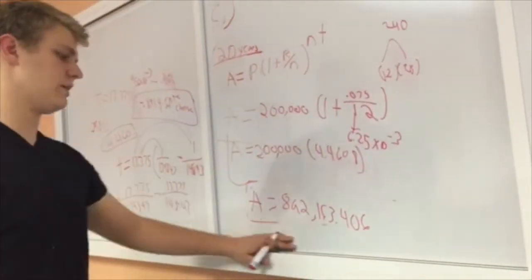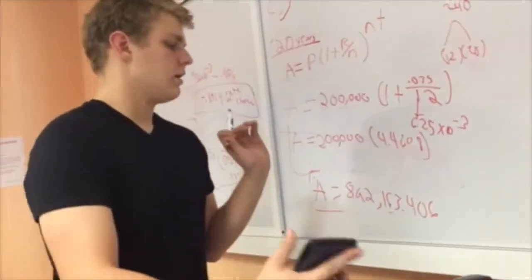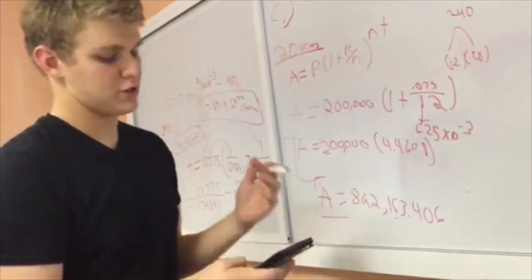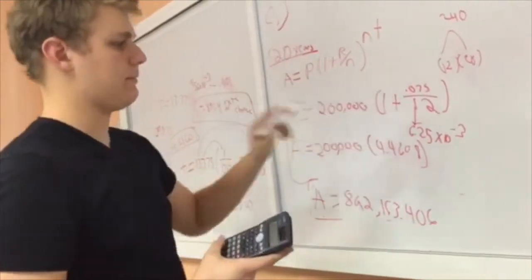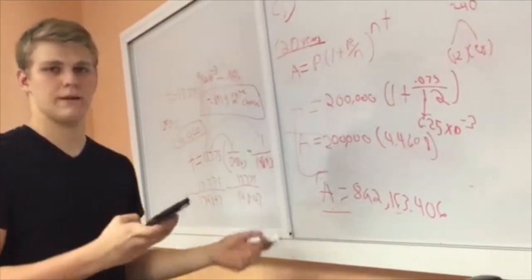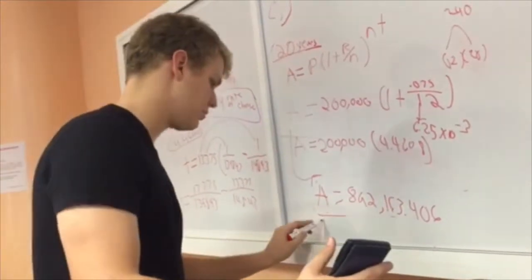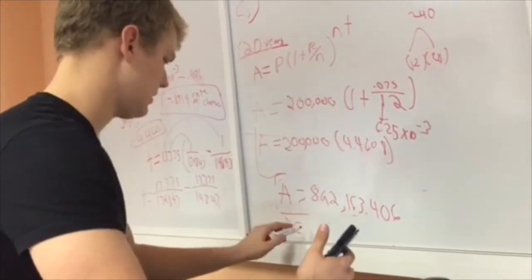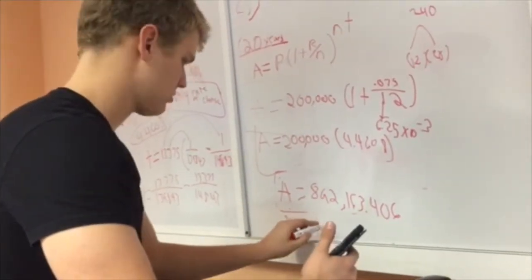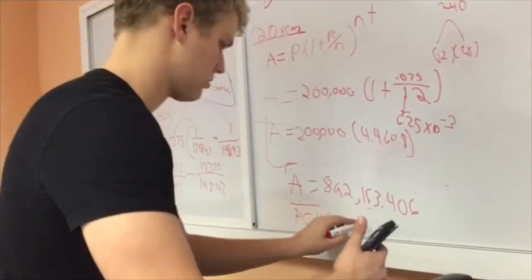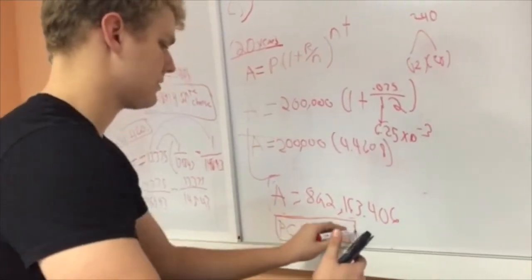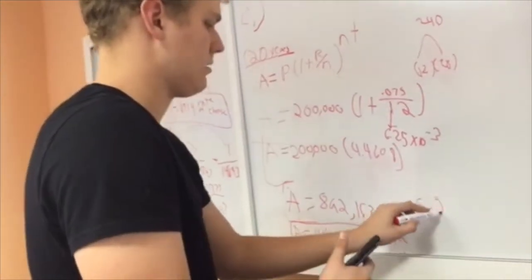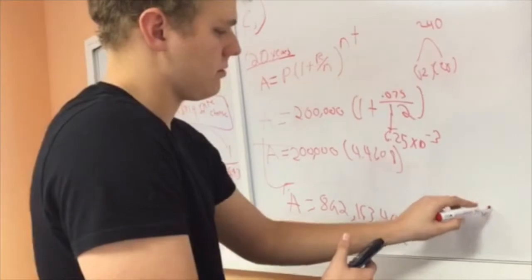This is the amount you're going to pay in 20 years, 892,163.406. After that, you want to get how much you pay per year with this monthly payment plus the interest rate. You just divide by 20 because it's 20 years. How much you pay annually is going to be 44,608.17, and that is your final answer per year for 20 years.